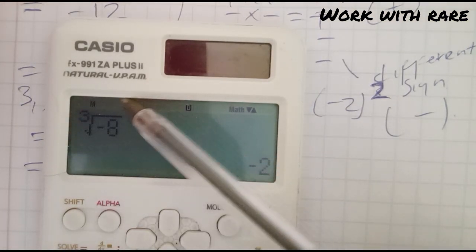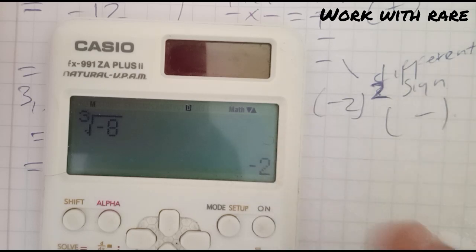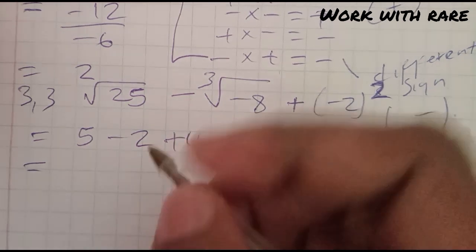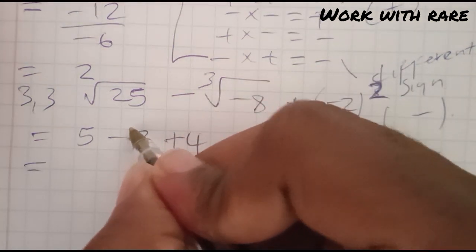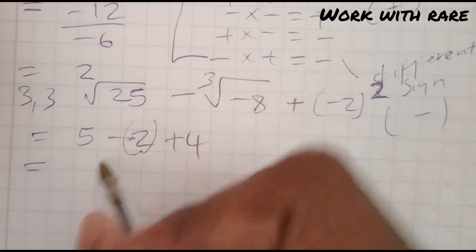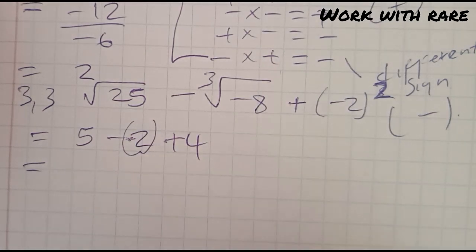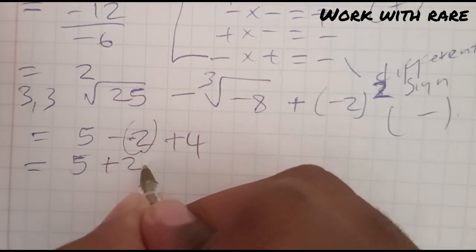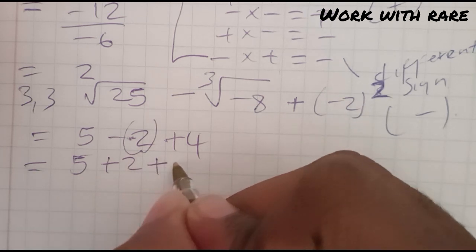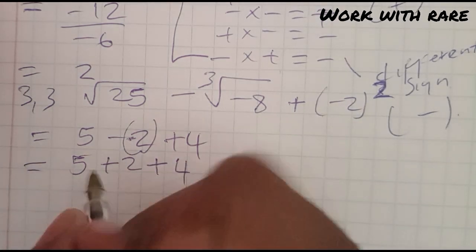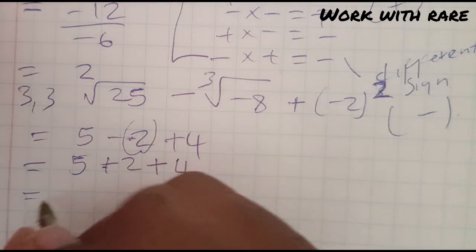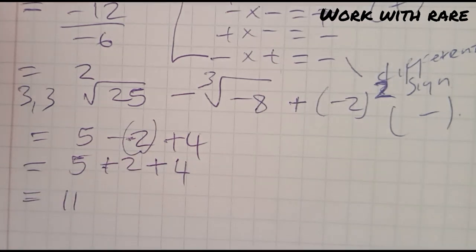This is -2, but outside we have a negative number, so which means we'll have -2 inside the brackets, minus, so this will be plus. Because a negative times a negative is positive. So 5 plus 2 is 7, 7 plus 4 is 11. So our final answer is 11.